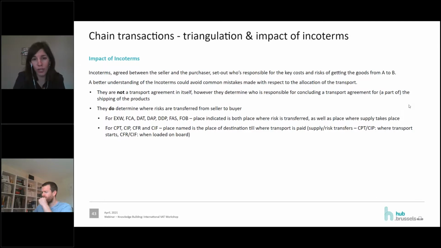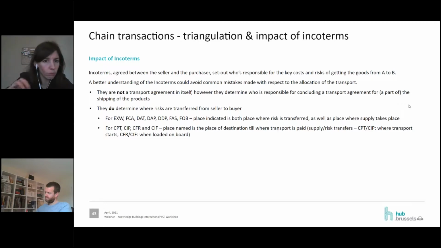But they are not transport agreements. So this is very important. This could be an additional element to allocate correctly the transport. So of course, pay attention to the Incoterms used in your chain transaction. But this is one element between others to allocate correctly the transport.